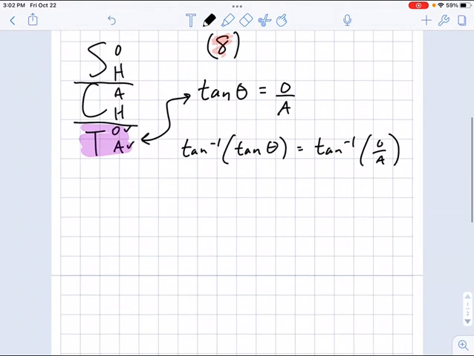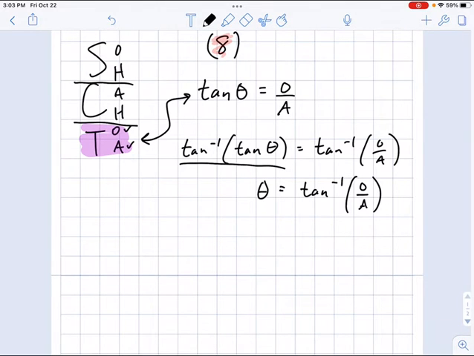So what happens here is that on the left side of our equation, this reduces to theta. So we have this expression, theta is equal to inverse tangent of opposite over adjacent. You don't have to take this second step right here if you can go straight to this formula, and that's what we're going to use. So here we go.